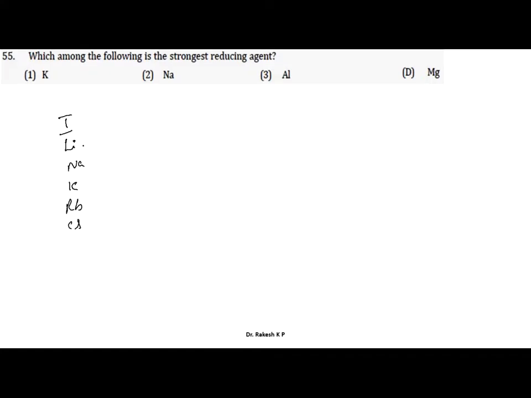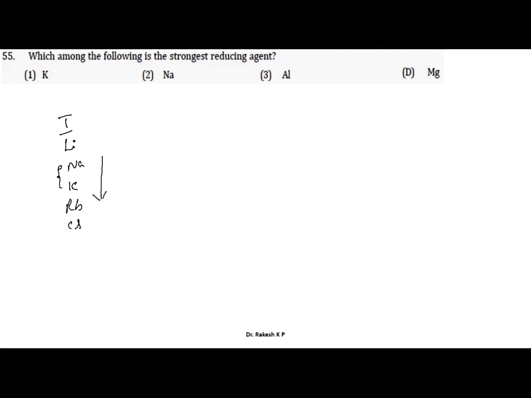But in this particular question, lithium is not given; sodium and potassium are given. Down the group, size goes on increasing and the ionization energy decreases, because of the loss of electrons. Whichever metal has the ability to lose its electrons acts as the strongest reducing agent.